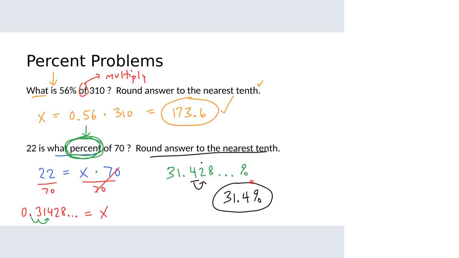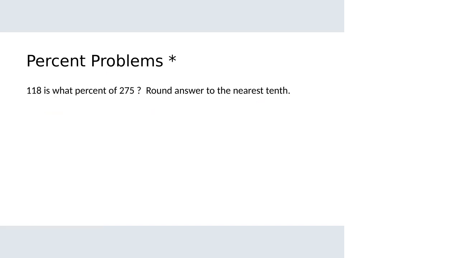All right, here goes. 118 is what percent of 275? Round your answer to the nearest tenth. I'll make a poll for this, and you try it.